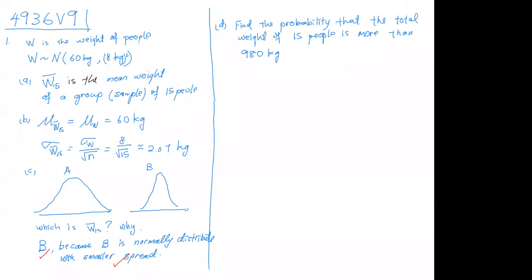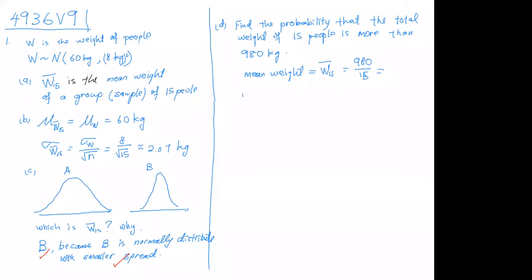So in this case, since we are talking about the mean, we will count the mean weight first. So we want to know W bar 15 first for this case. So I take 980 divided by 15. So what is the mean weight? 980 divided by 15. If you don't want to write down, you can also key into the calculator afterward like that. Okay, so I will write down like that.